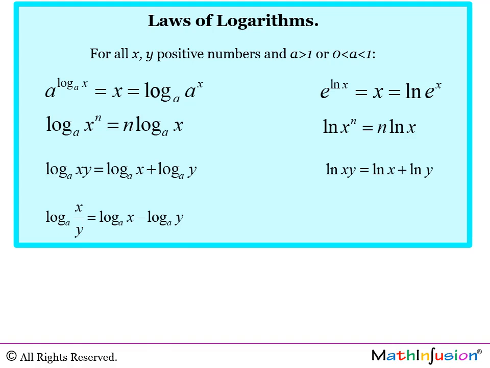Log base a of x over y is the difference between log base a of x and log base a of y. With the natural base, it is the rule ln of x over y is ln of x minus ln of y.